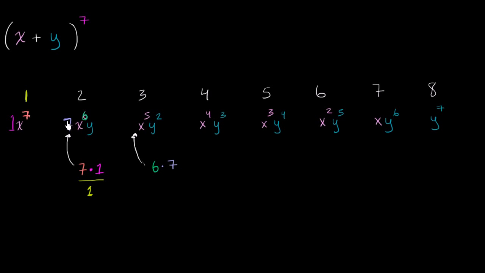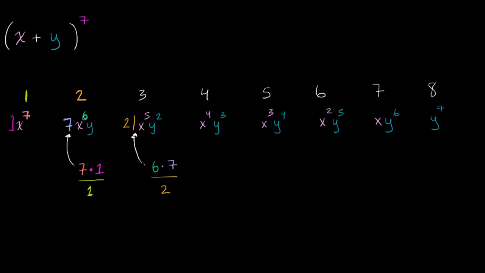So the x power of the previous term times the coefficient of the previous term divided by the index of the previous term. So divided by 2. So what is that going to be? This is equivalent to 3 times 7. So this is going to be equal to 21.